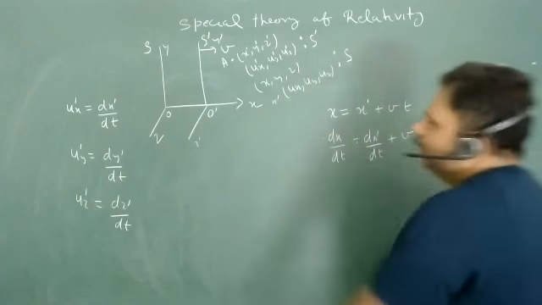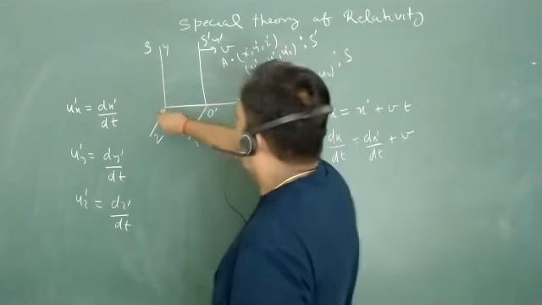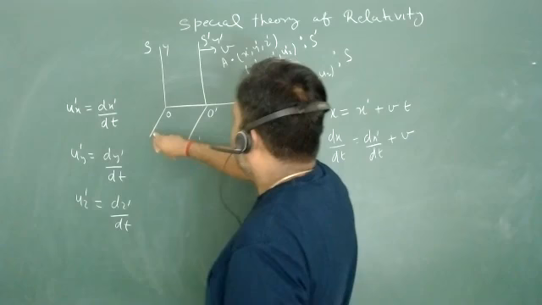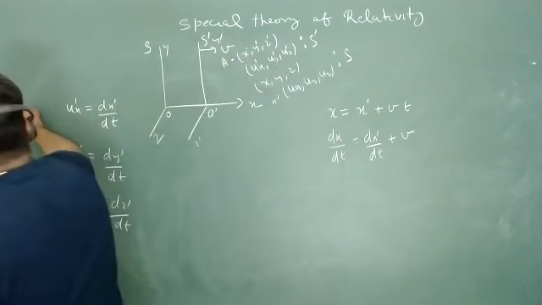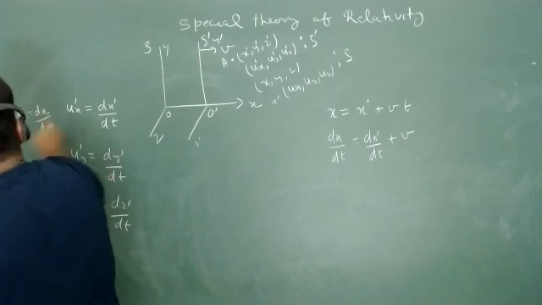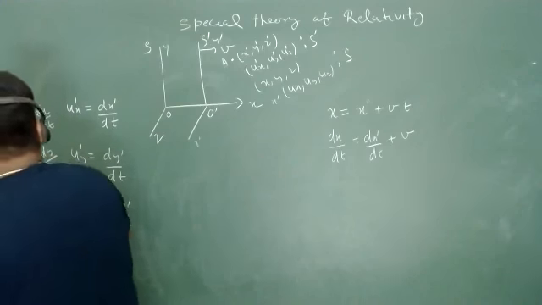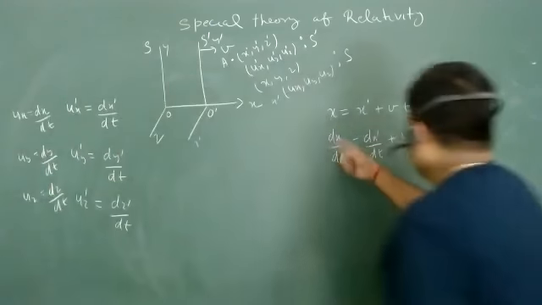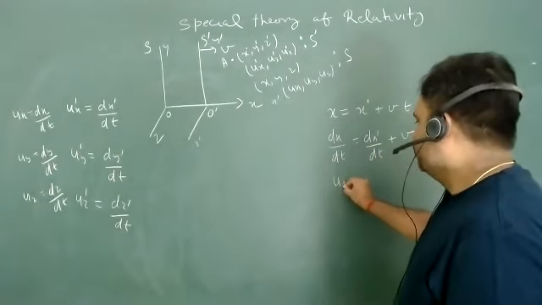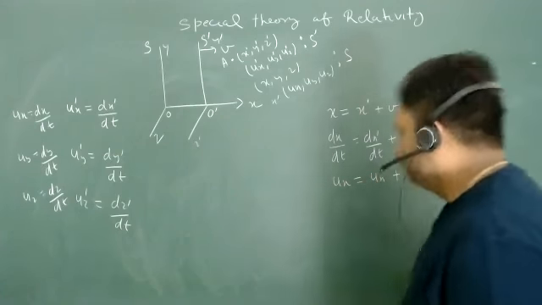And what is dx upon dt? Dx upon dt is nothing but the speed measured with respect to this origin. So we can define ux is equal to dx upon dt, uy is equal to dy upon dt, uz is equal to dz upon dt. And now we can say this ux is equal to ux dash plus v.